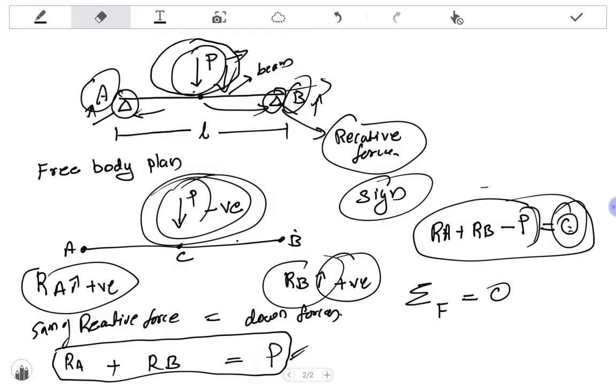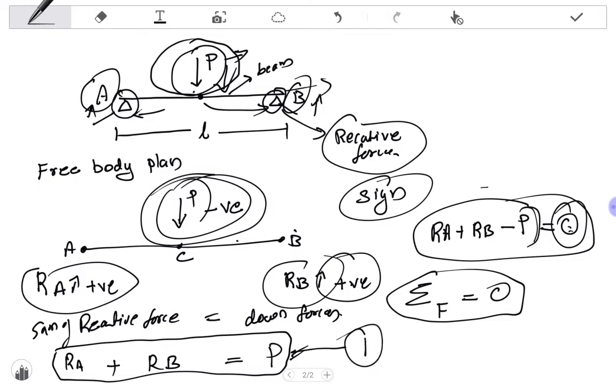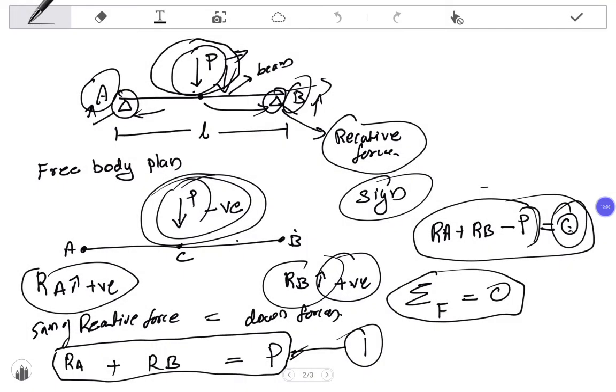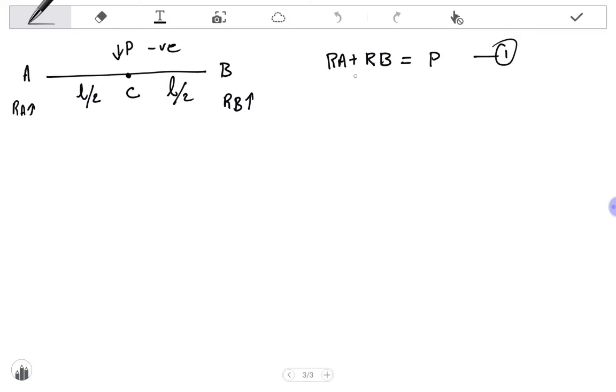From this only we came to the formula: summation of all the forces is equal to 0. Let's give this the number 1. I am writing this formula on the next page: RA plus RB is equal to P, that is equation 1.